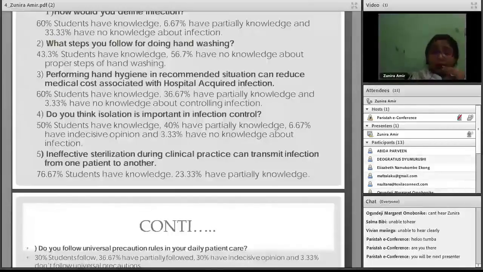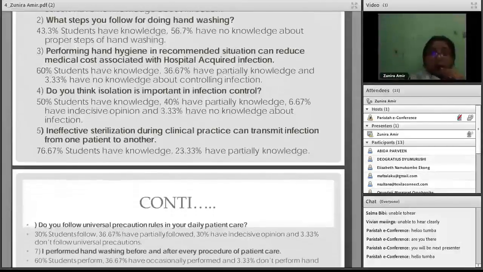Do you think isolation is important in infection control? 50% of students know that isolation is important, 40% have partial knowledge, 6.67% have no clear opinion, and 3.3% have no knowledge. Regarding whether ineffective sterilization in clinical practice can transmit infection from one patient to another, 76.6% of students have proper knowledge and 23.33% have partial knowledge about transmission.